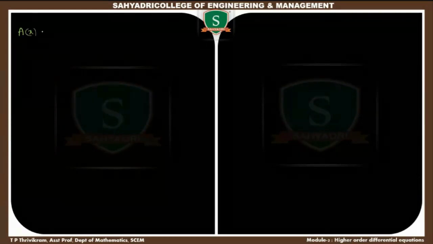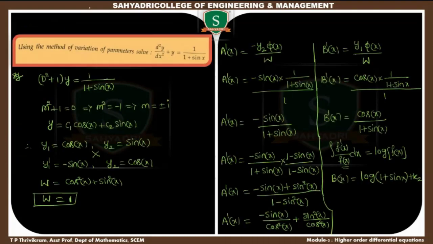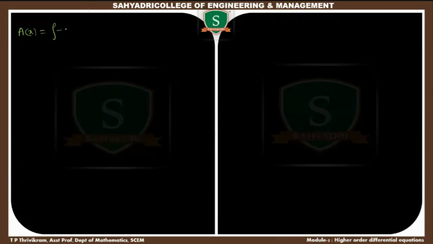So a of x is equal to integral of minus sin x by cos square x, where one cos you can take to one side. So you can write it like this: sin x by cos x into 1 by cos x dx, plus integral tan square x dx.